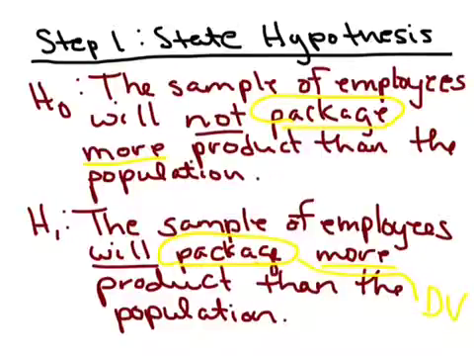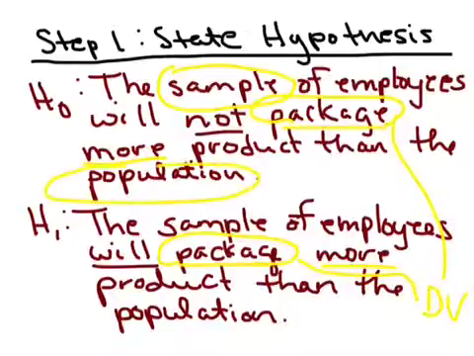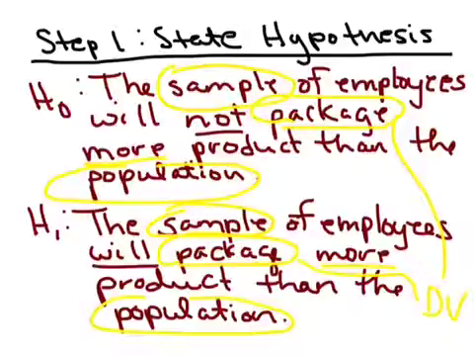Whether or not they are a sample or population is our independent variable. So we have our direction, and we have our independent variable and our dependent variable in there. Could be quasi-independent variable as well. So that's key within your hypotheses.